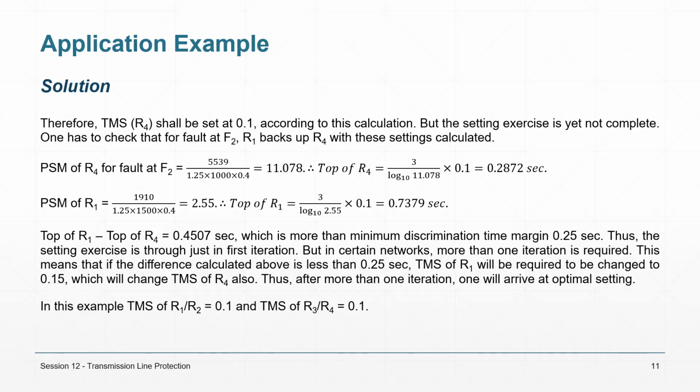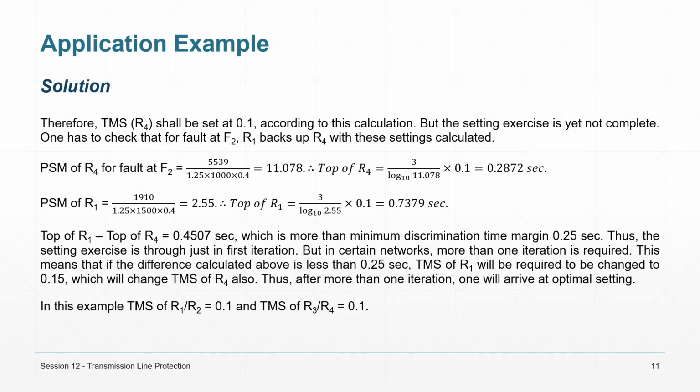So in just one go, I could complete the example. It could have happened that this would have been less than 0.25, meaning the time of operation of R1 minus that of R4 is less than 0.25. Then you would have to increase the TMS of R1, instead of 0.1 to 0.15, and R4 will also change.